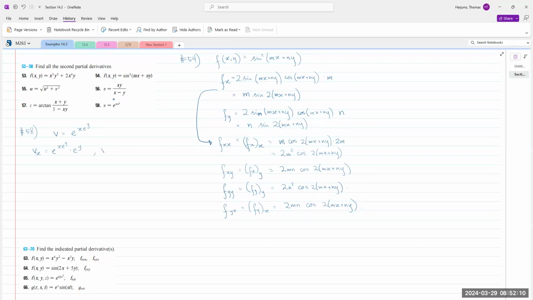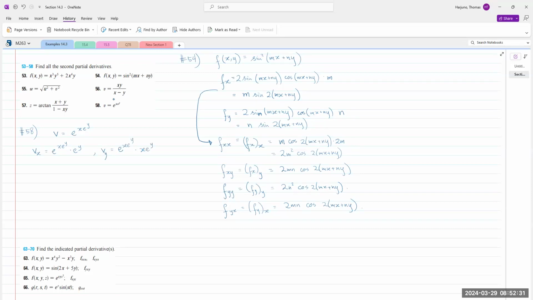Now, phi sub y will be, oh wow, itself, times the derivative of this exponent with respect to y, which is x e to the y.